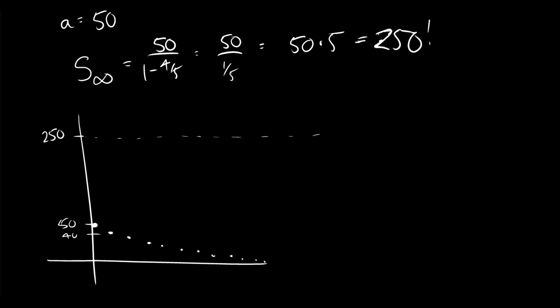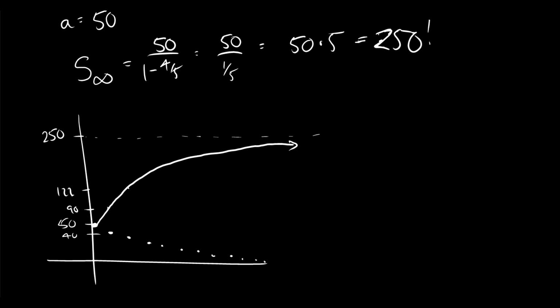But the sum, after the first one, goes to 90, and then it'll go to 122. So the sum, or the series, will start to look like this. And it'll never ever quite reach 250, but it'll get very close.